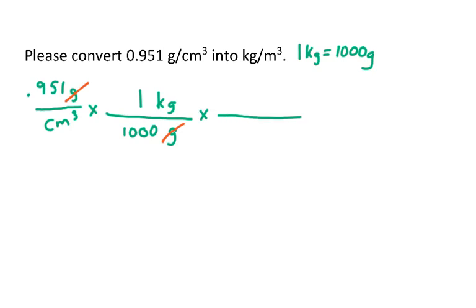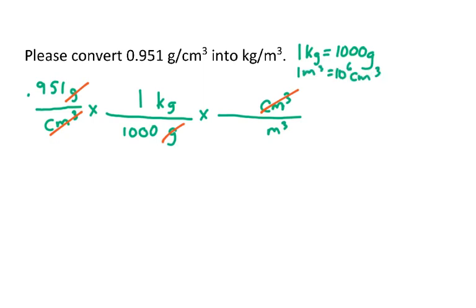What makes this problem different is there's an additional step since I have to convert the denominator into meters cubed. Unlike the other problems, I actually need to put centimeters cubed in the numerator so that it cancels out with the denominator on the far left. I also have to put meters cubed in the denominator because I don't want it to cancel out. Those are the units I'm trying to convert into. Since centimeter cubed is in the denominator and the numerator, it cancels out, leaving only meters cubed in the denominator.